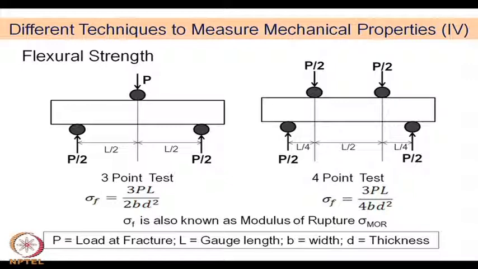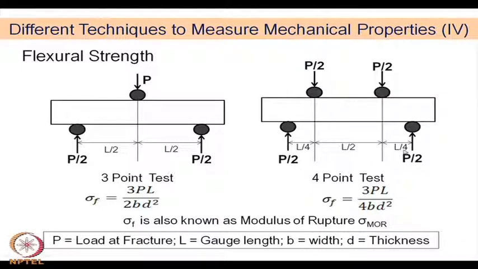So sigma MOR is very common so far as the mechanical property evaluation is concerned. It can be done at room temperature or also at an elevated temperature; particularly for refractories you need what we call hot MOR.